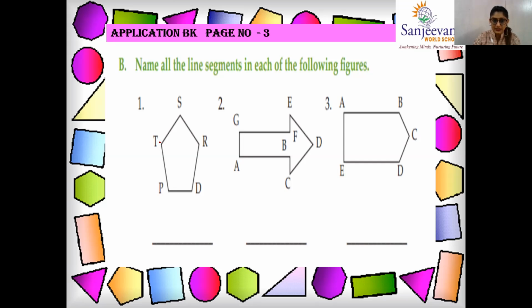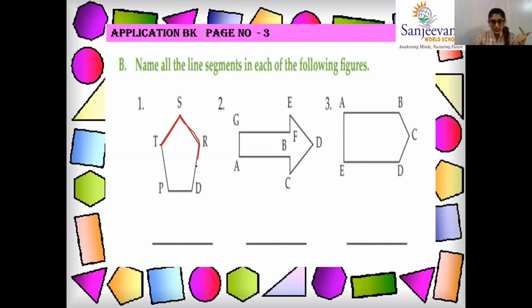I'll just quickly give you an example. This is point T over here. Can you see this point T? Yes. Can you see this point S? Yes. From point T to S over here, this is one line segment. So TS is the first line segment. The next one, from S to R, there's another line segment. So SR is the second one.